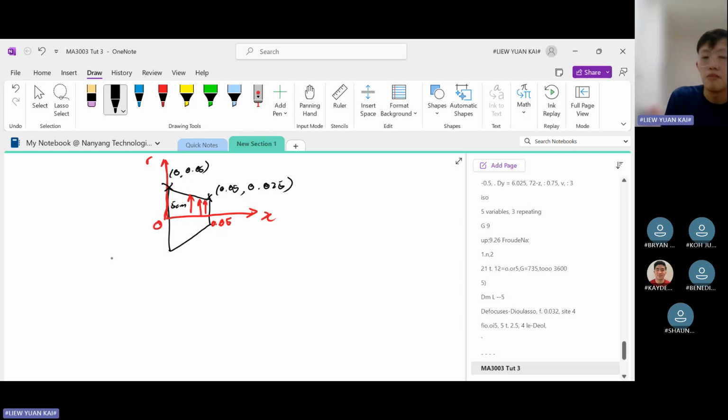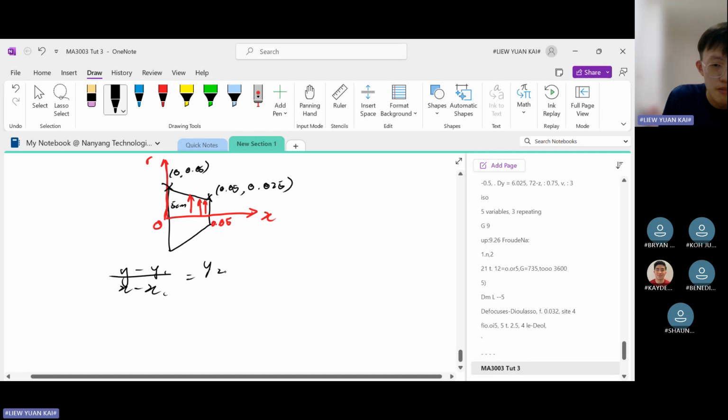So remember, if you want to find the straight line equation, we have to go back to secondary school, and the formula is (y minus y1) over (x minus x1) is equal to (y2 minus y1) over (x2 minus x1). Okay, y will just be a variable, so you keep it as r. Then y1 is a known y value.